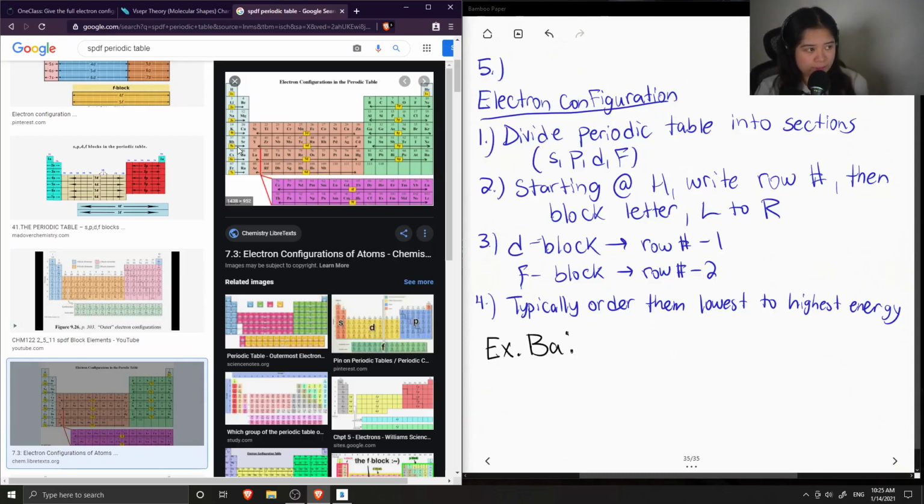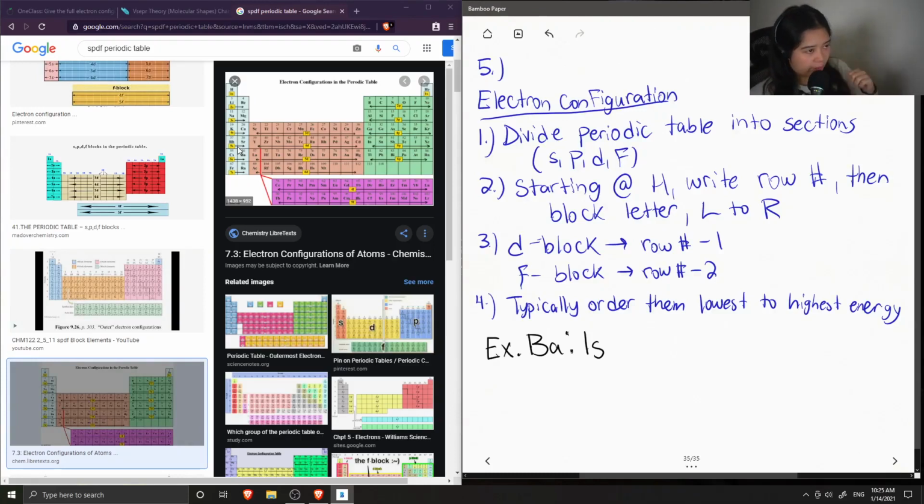Let's start from hydrogen and write the row number, which is 1, and the block letter, which is S. To show how many electrons are in the orbital, we write it as a superscript. So 1s2 shows that there are 2 electrons in this 1s orbital.